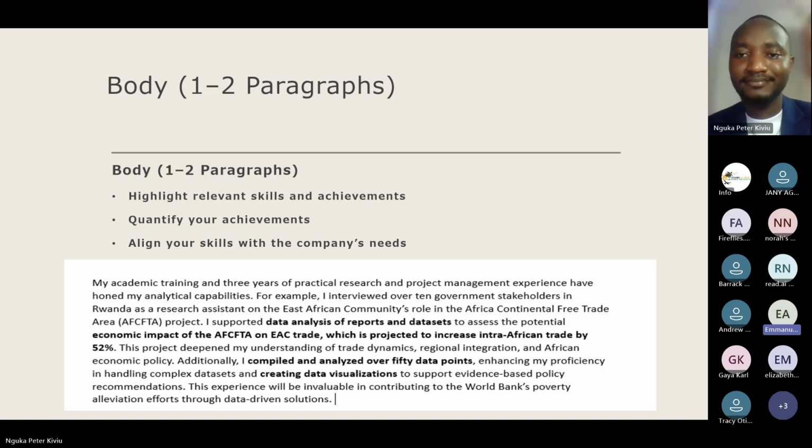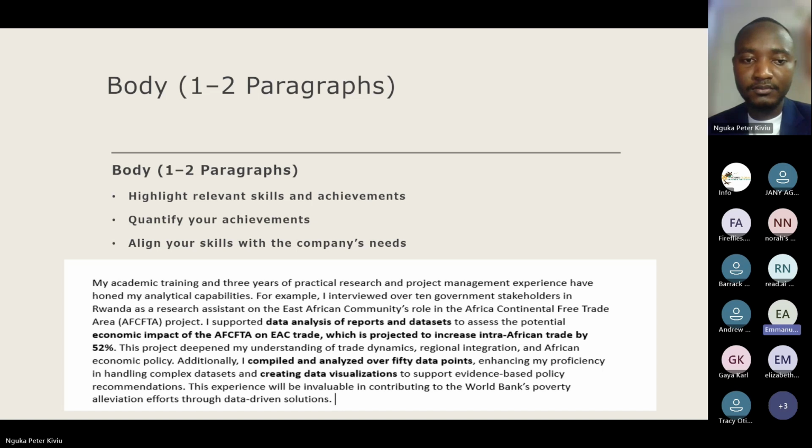So my academic training and 3 years of practical research and project management experience have honed my analytical capabilities. For example, I interviewed over 10 government stakeholders in Rwanda as a research assistant on the East African Community's role in the Africa Continental Free Trade Area project.